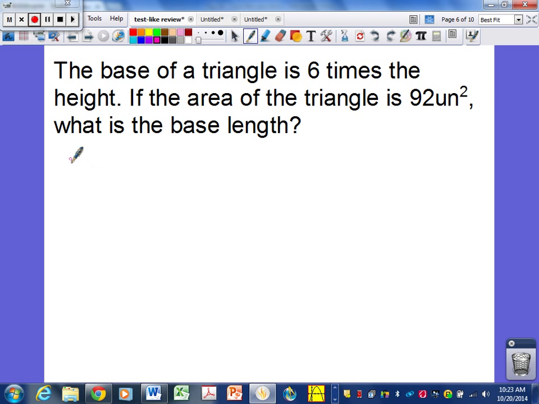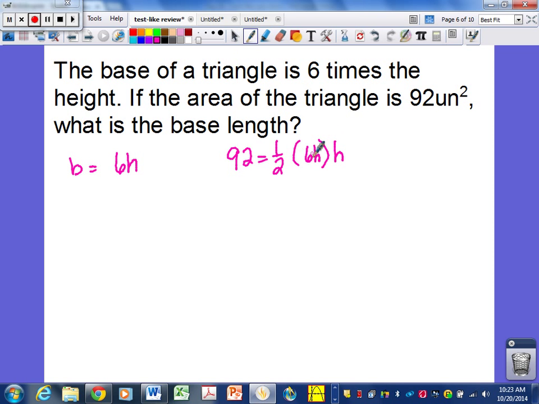So here we have a base of a triangle is 6 times the height. 6 times the height, so 6 h's here. If the area is 92 equals 1/2 of 6h times h. Okay, in this case I am substituting my base so that I only have a variable of h, and I can find the height using this problem here.